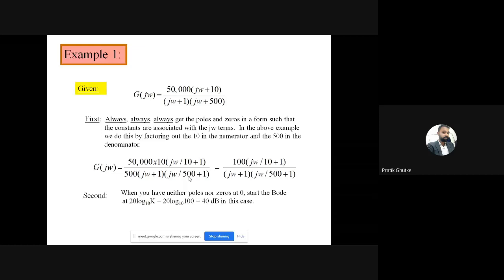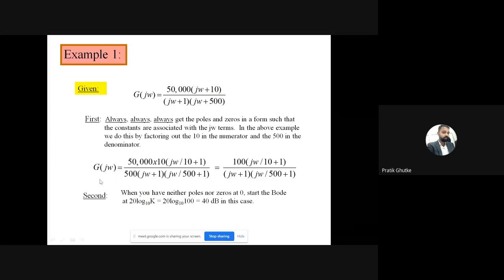By simplifying, I will get 100, j omega by 10 plus 1. What is the standard form? Standard form would be j omega plus 1, but there is j omega plus 10, so I will take 10 common from the numerator. So what will be my transfer function? 5000, j omega by 10 plus 1. Now it is in standard form.